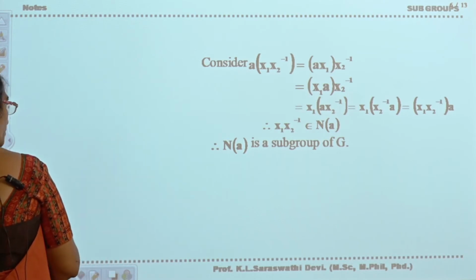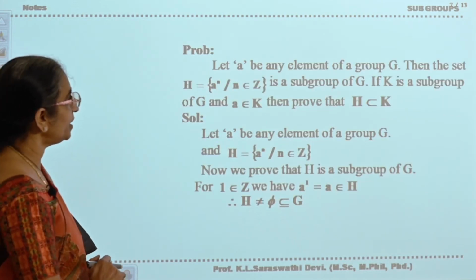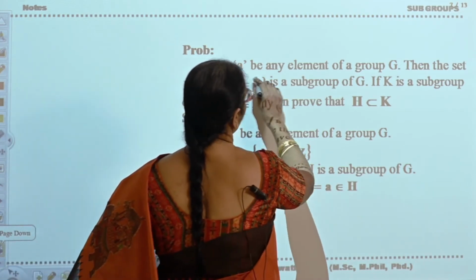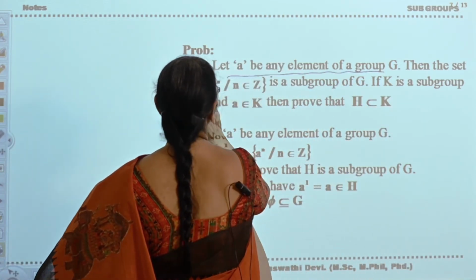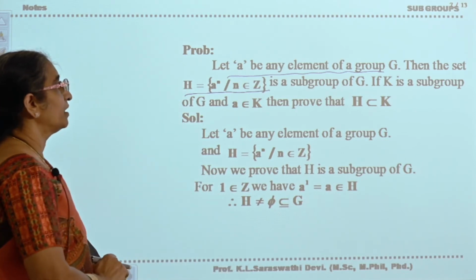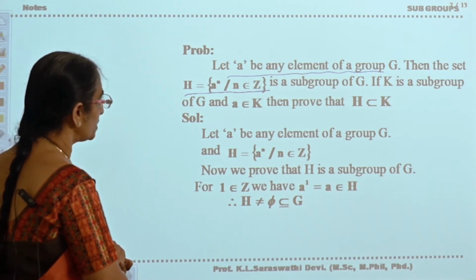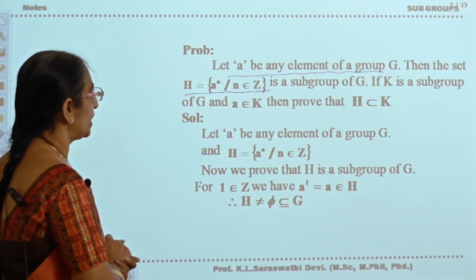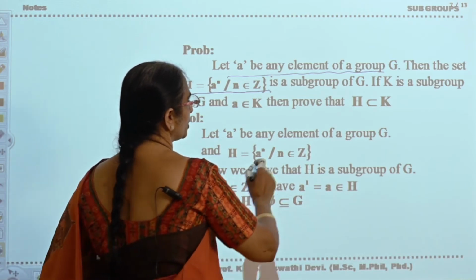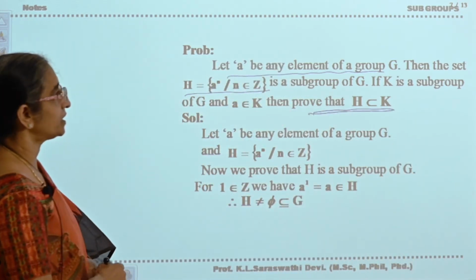This is one of the important problems. You have to practice it. Let A be any element of a group G. Then the set H is equal to A power n, for n belongs to Z, is a subgroup of G. If K is a subgroup of G and A belongs to K, then prove that H is a subset of K. See here, what is the statement?